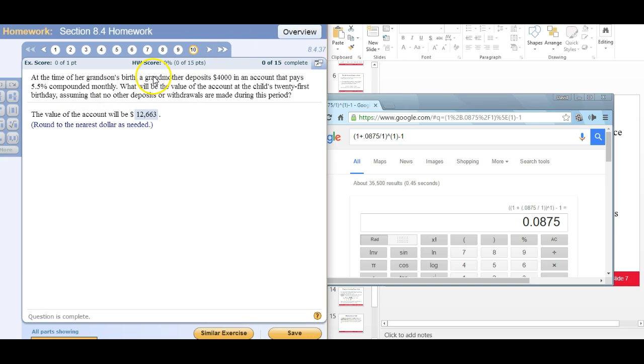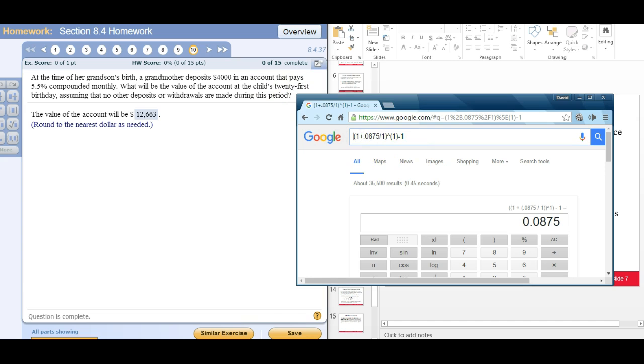Alright, and then we start getting into the word problems. So $4,000 is our value for P. 5.5 is our value for R. N is 12, it's compounded monthly. And then 21st birthday. Okay, so 21 years later. So we're going to plug in. We're going to have a P again, so 4,000, the amount at the time of birth.